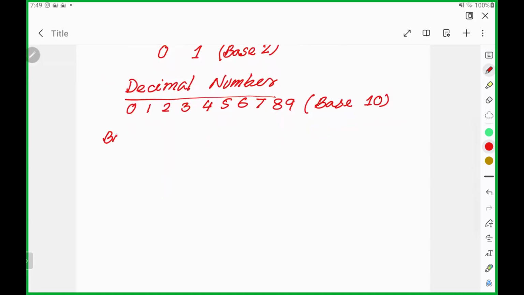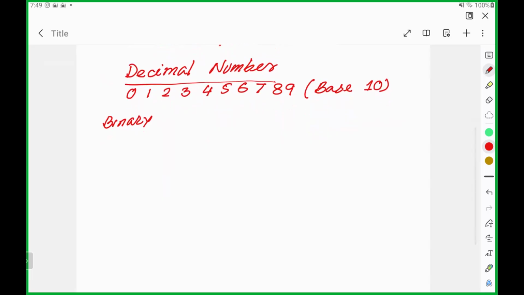You can find this in Moodle, everything is given in detail, and we will also share this lecture note. So binary is a base 2 number, and I can write base 2 to decimal conversion, where decimal means base 10.